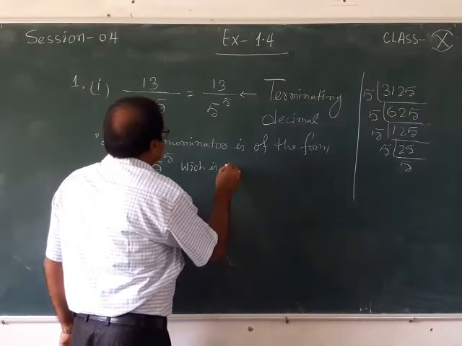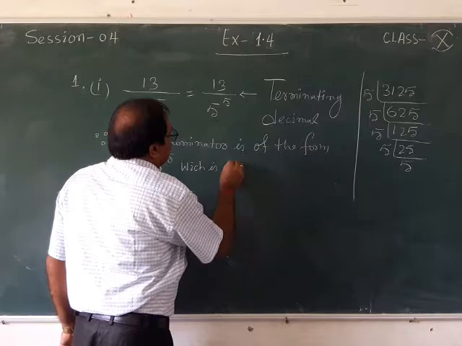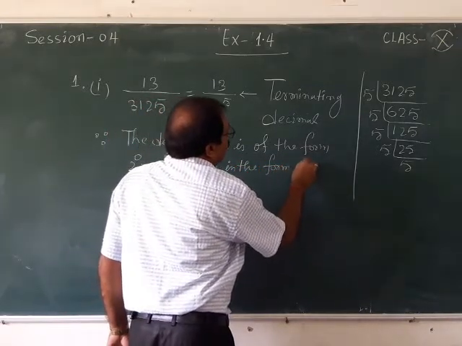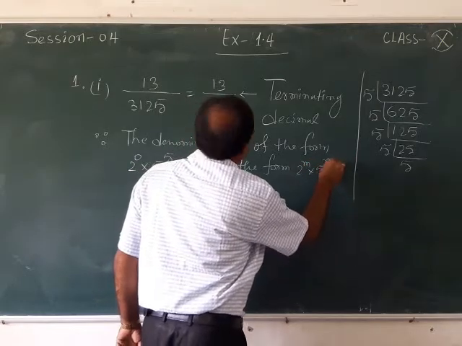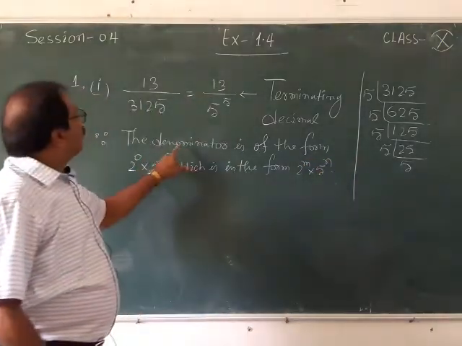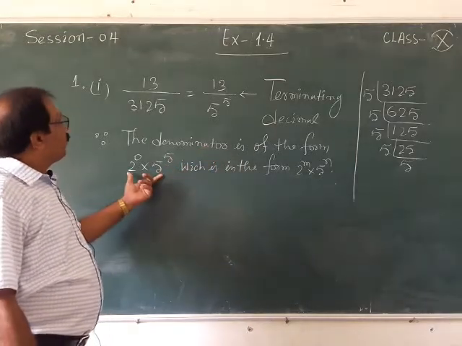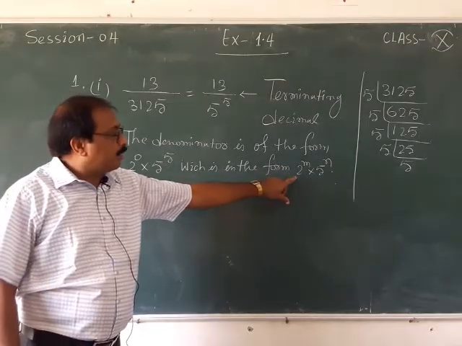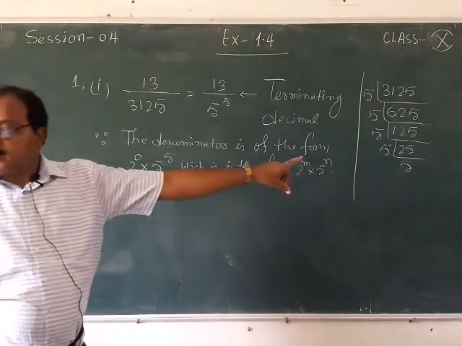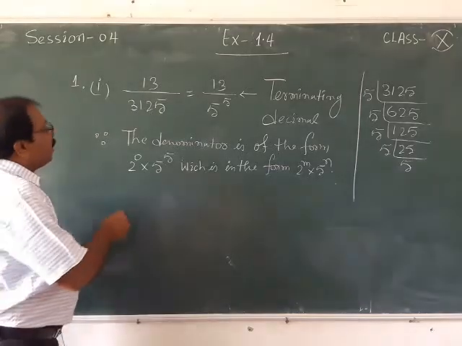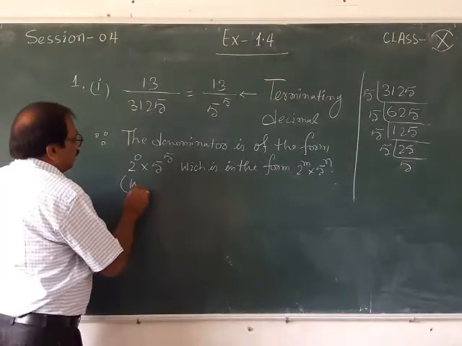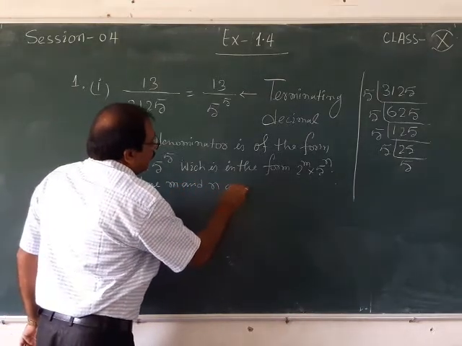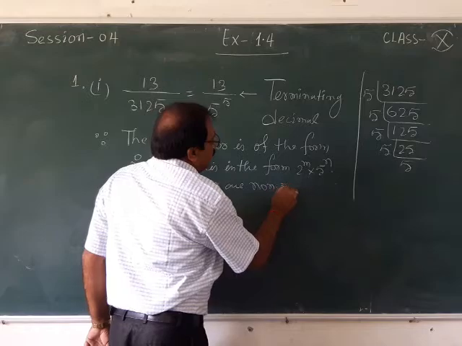Since the denominator is of the form 2 to the power 0 and 5 to the power 5, which is in the form 2 to the power m into 5 to the power n, where m and n are non-negative integers.